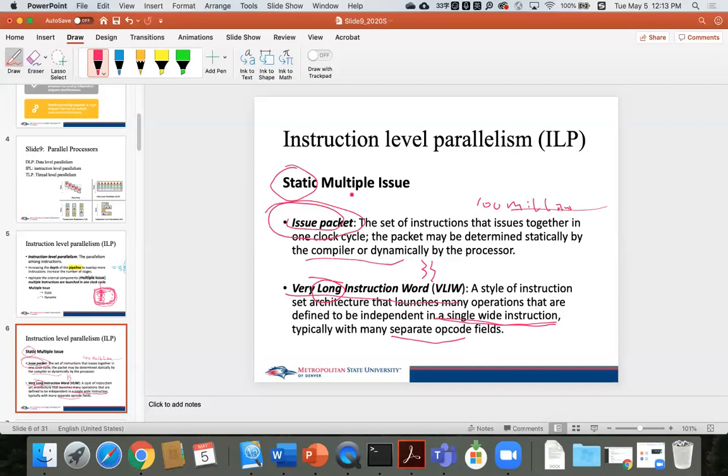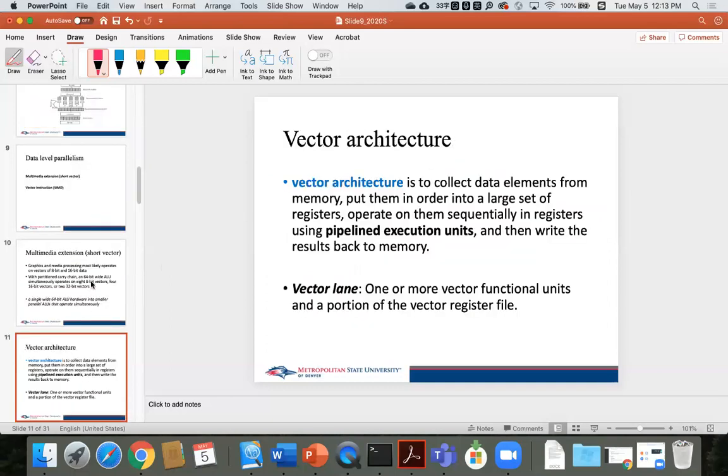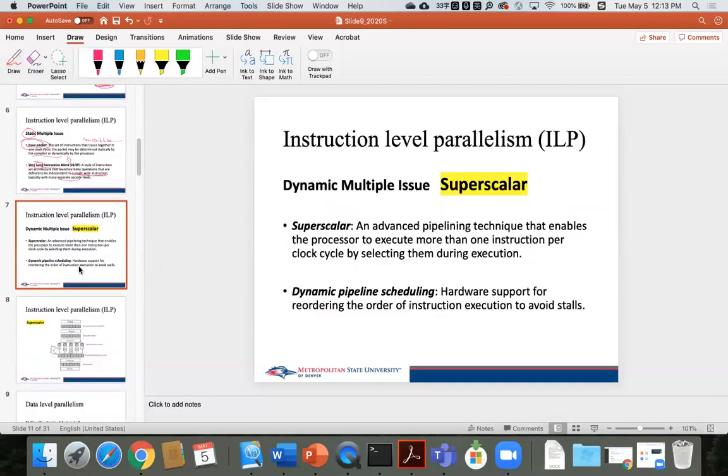So, in order to execute multiple instructions at one time, what is static and what is dynamic multiple issue? Dynamic multiple issue computer has a really popular, fancy name called superscalar. A scalar machine basically means the general computer that does not perform dynamic multiple issue.